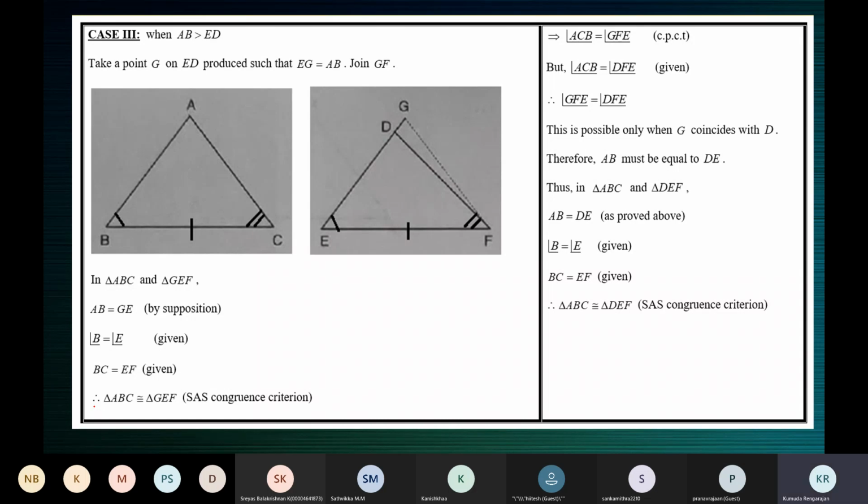Okay, so think of an equilateral triangle with side 5 centimeters. Let's call it ABC.